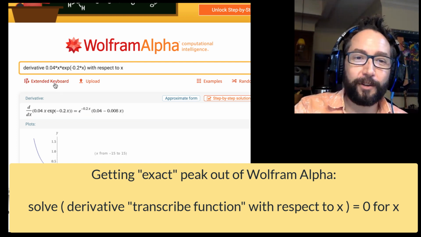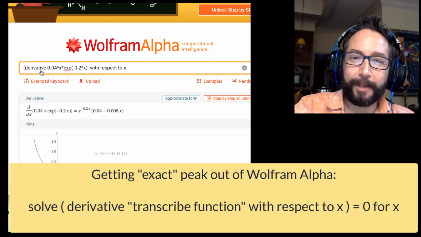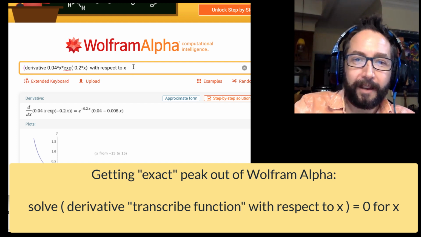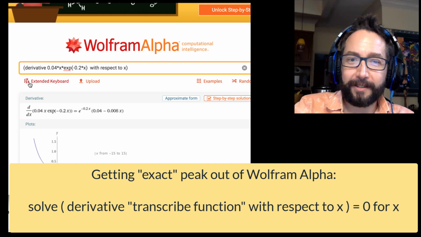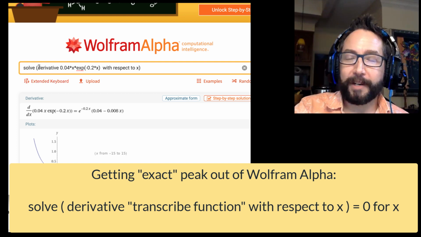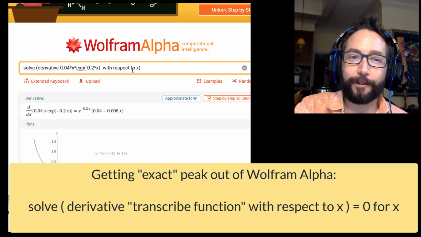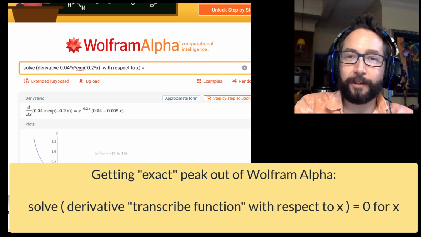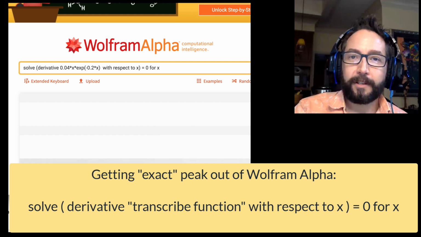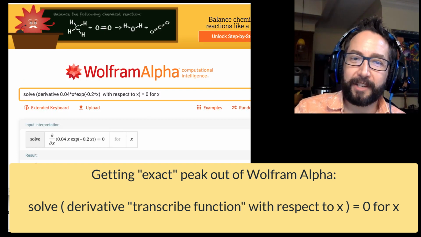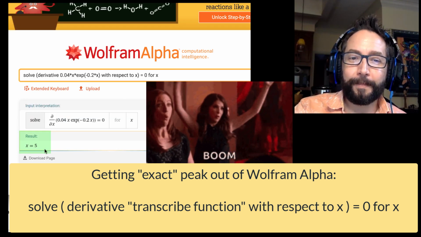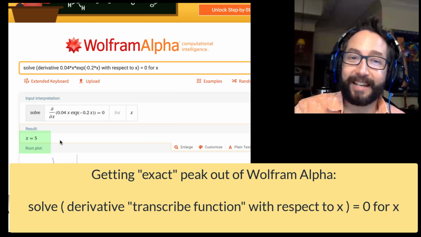So what we can do is we can put this inside a big pair of parentheses, and we can ask Wolfram Alpha to solve this. So solve whatever expression emerges from taking that first derivative equals to 0, and we're solving it for x. So solve where that derivative is equal to 0 for x, and boom, Wolfram Alpha says, hey, that actually happens at exactly 5.